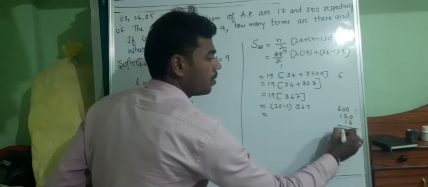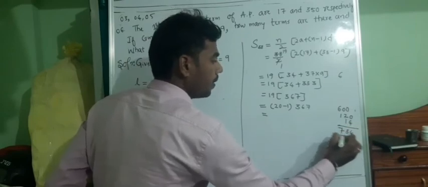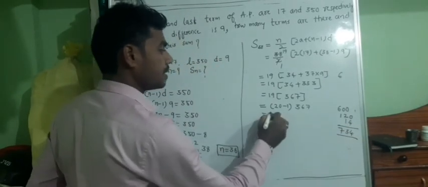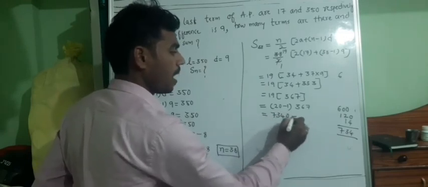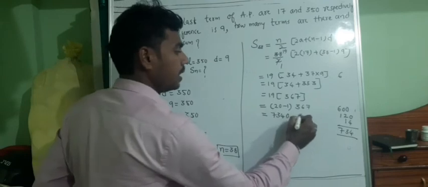So it will be equal to 734, 7340 minus 367.